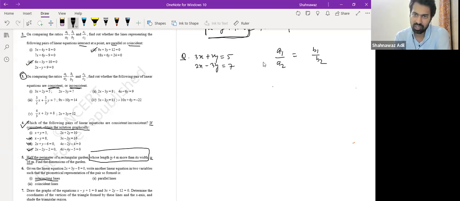So no, we have to check whether this is equal or not. So 3 by 2 is minus 2 by 3. Wait, sir, in the question it says that it's 3x plus 2y.